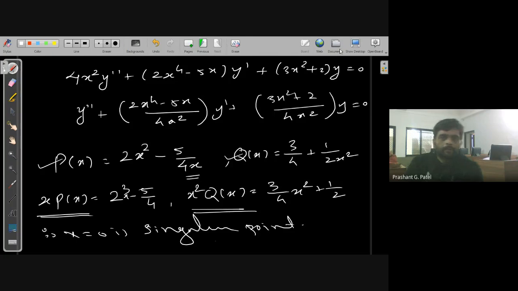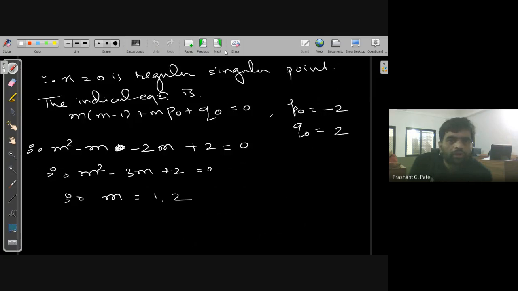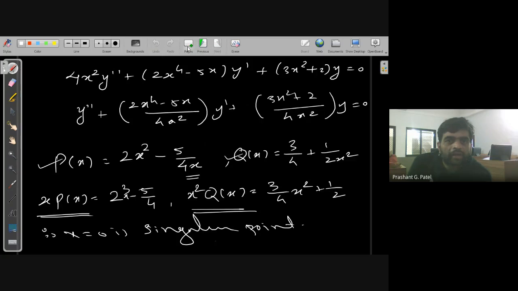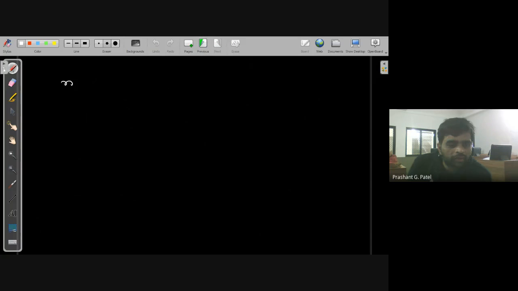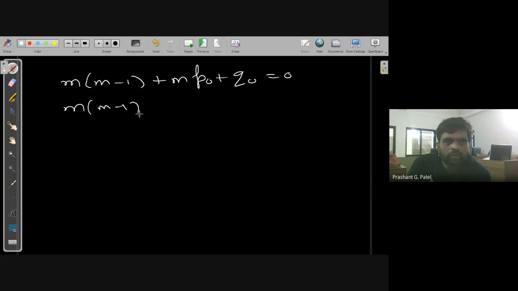Okay. And now we are able to write down the indicial equation. So the indicial equation can be written in the form m into m minus 1 plus m into P0 plus Q0 equal to 0. So that is m into m minus 1 plus m times P0.